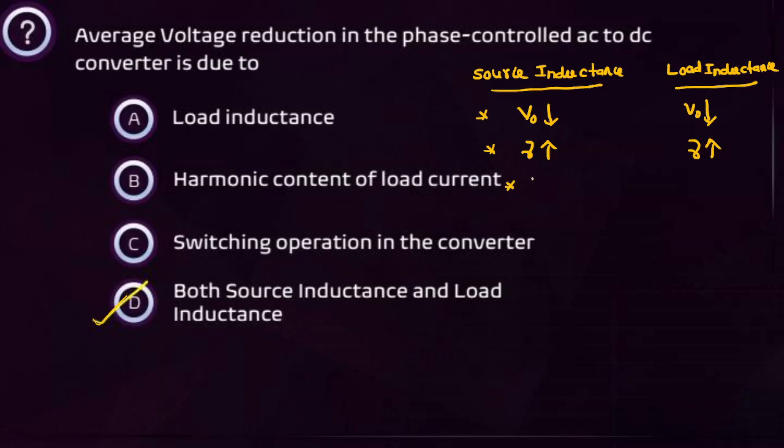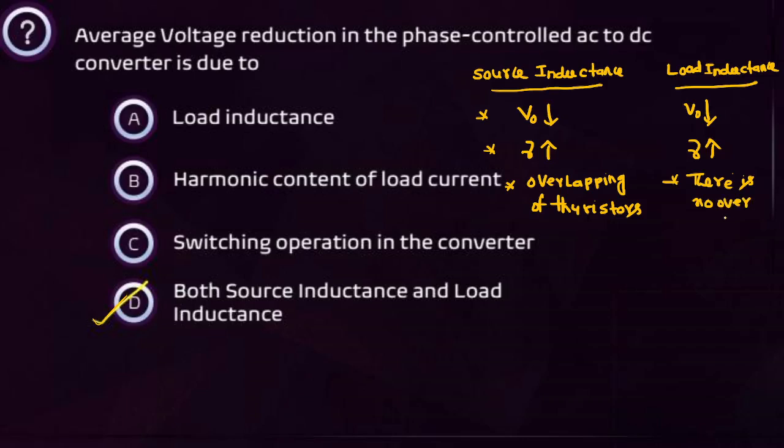Then due to source inductance, overlapping of thyristors exists. But due to load inductance, there is no overlap. This is the main difference. There is no overlap, students. Due to load inductance, the devices will not overlap. Due to source inductance only, the devices overlap. This observation is important.